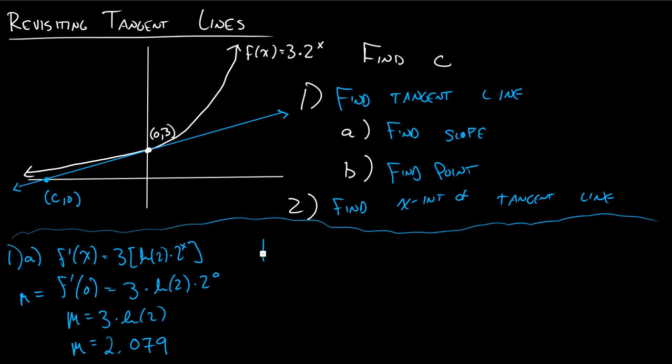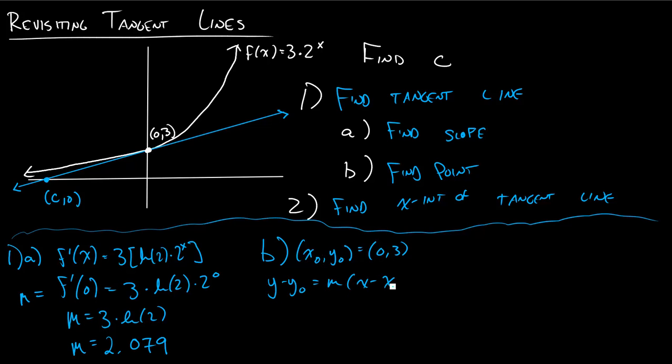Now let's find a point on the line. So how do we find a point on the line? Well, they've actually given it to us in this case, right? This point 0, 3 is a point both on my original function, but it's also a point on the tangent line. So we'll have x0, y0 equals 0, 3. Right? And that allows us to plug it into our point slope form, right?